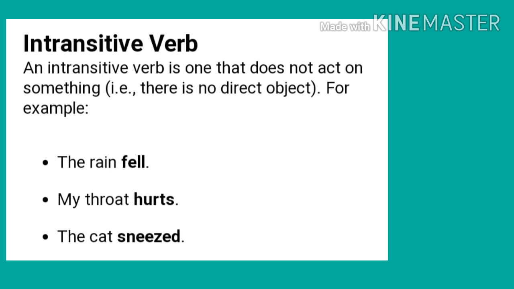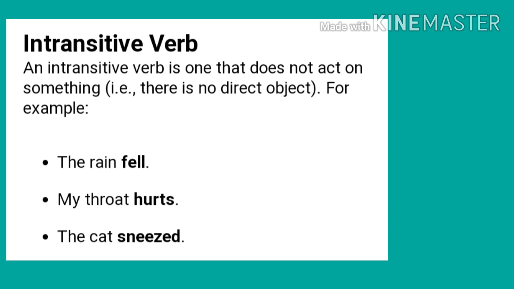Next one, intransitive verb. It is a verb that does not act on something. That means it has no direct object. For example, the rain fell. Here fell is the verb, and after fell we do not see any object. In the second example, my throat hurts.